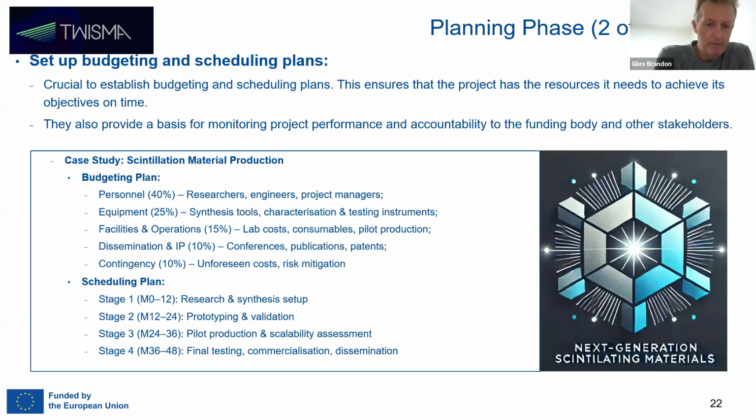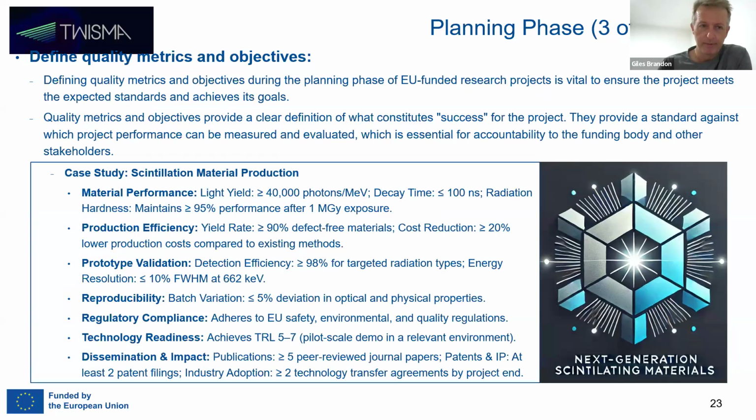Scheduling plan, this is in essence a kind of repetition of the timing that we talked about in the previous slide. In the planning phase, another very key important thing to consider is about quality metrics and your objectives.